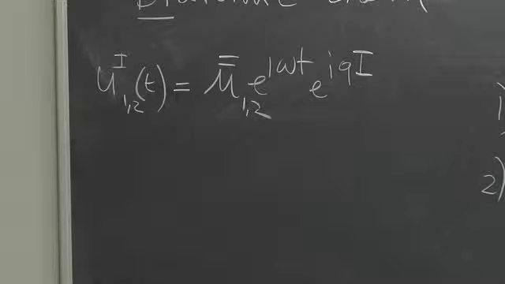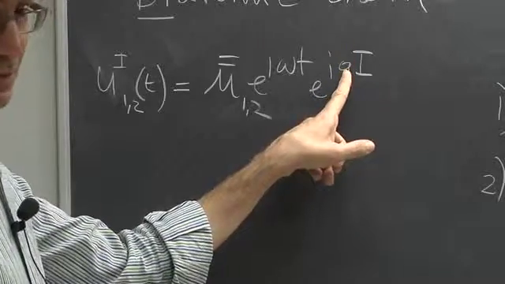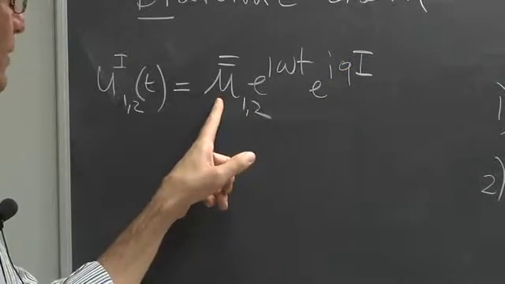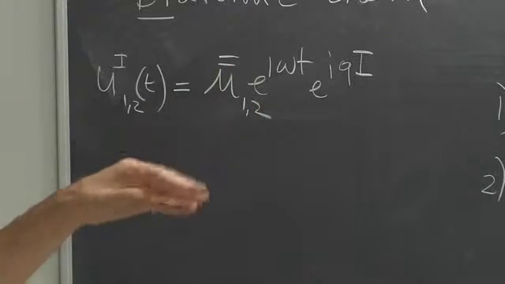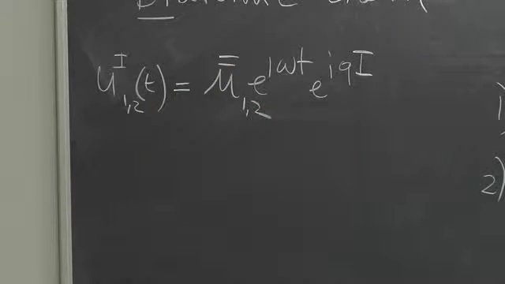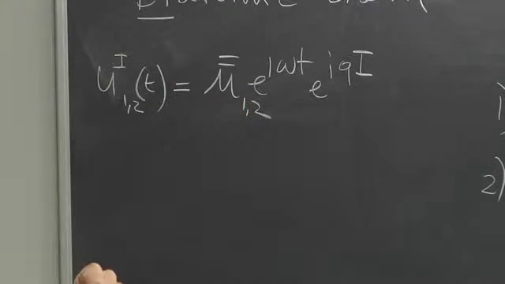So with respect to what we did before, we have to determine now omega for a given q, but we also have to determine u bar 1 and 2. So this is not just a scaling. There might be a relationship between u bar 1 and u bar 2 that we have to find out.